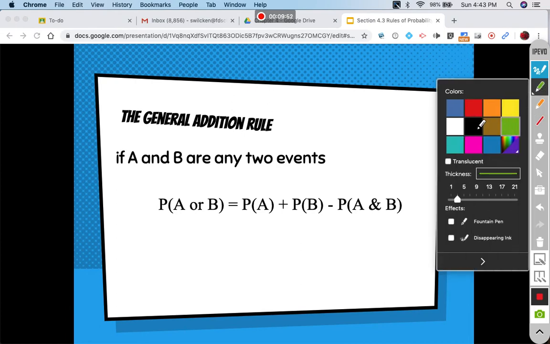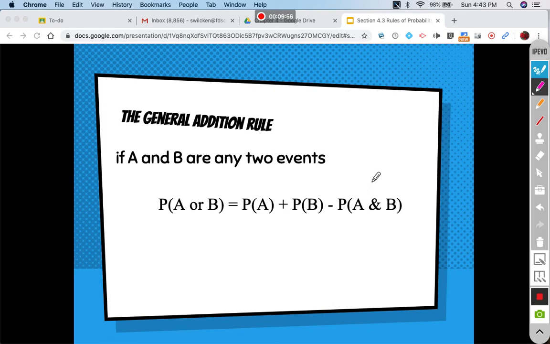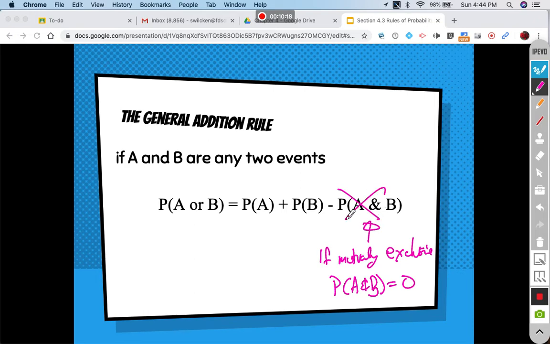So, let's go on to this one here. You notice, if we're mutually exclusive, the probability of A and B equals 0. If it's mutually exclusive, there is no overlap. This crosses out, and we have the special rule.